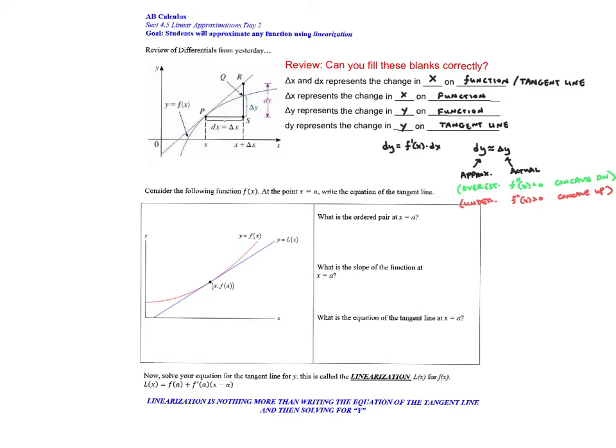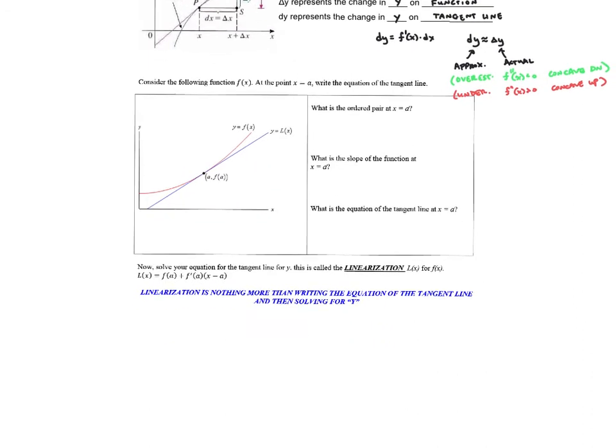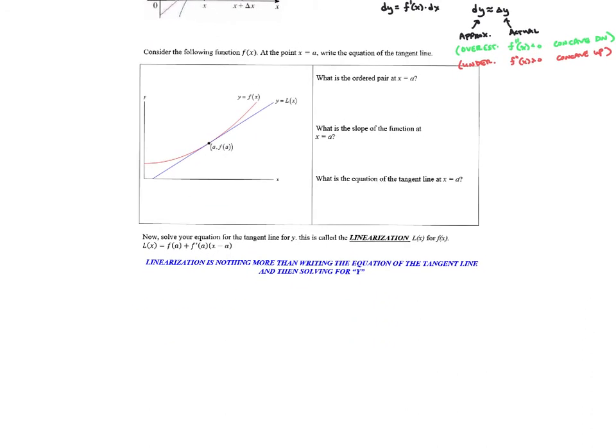All right, let's jump into this linearization information. Consider this function, f of x, which you'll see here in red. At the point x equals a, write the equation of the tangent line. Okay, so what is the ordered pair at x equals a? Well, that's pretty simple. That's a, f of a.